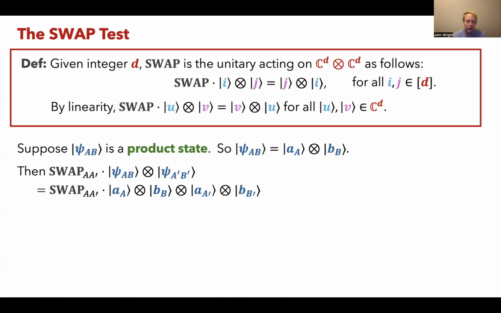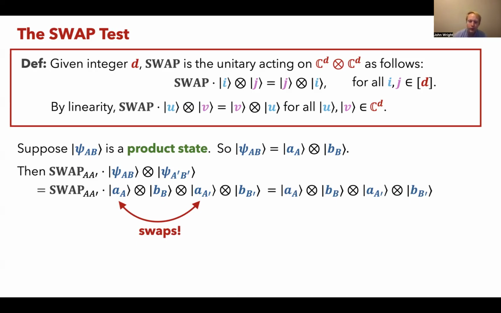And then if we apply swap on A and A prime, what it's going to do is take the ket a and the ket a on the A prime register and swap these two. But those are the same states. They're both ket a. So when I apply the swap to them, nothing happens to my overall state. And thus I'm left with psi AB tensor psi A prime B prime, exactly what I started with.